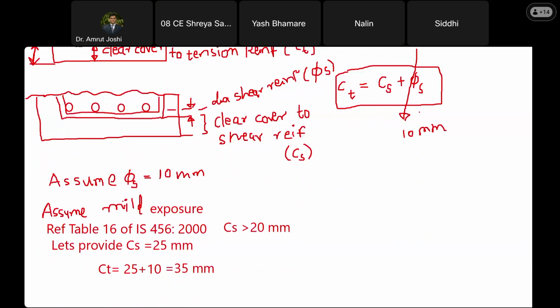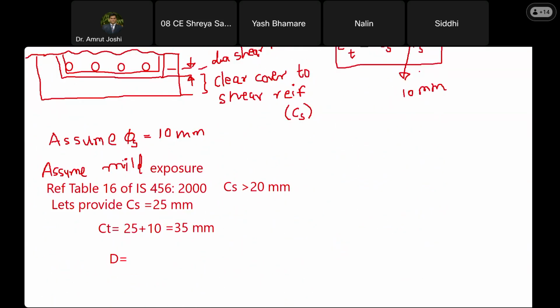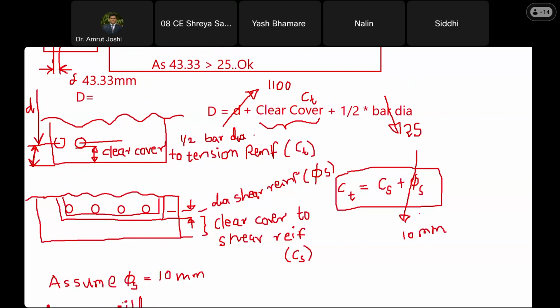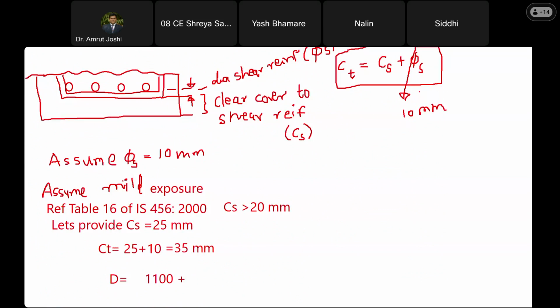Capital D is equal to 1100 plus half plus clear cover CT, that is how much? 35, plus half the bar diameter, that is 25 by 2, that is 12.5. Happy? Yes, sir. And this is in mm.